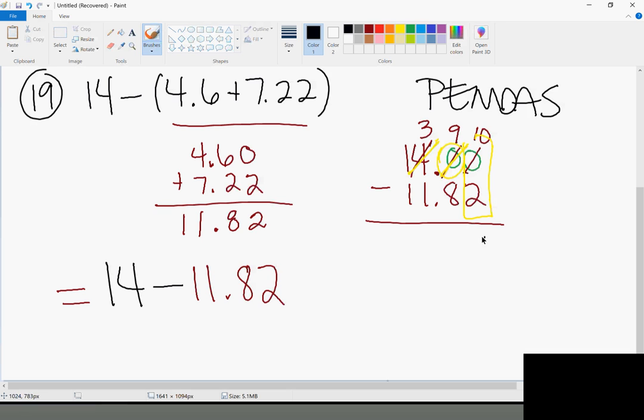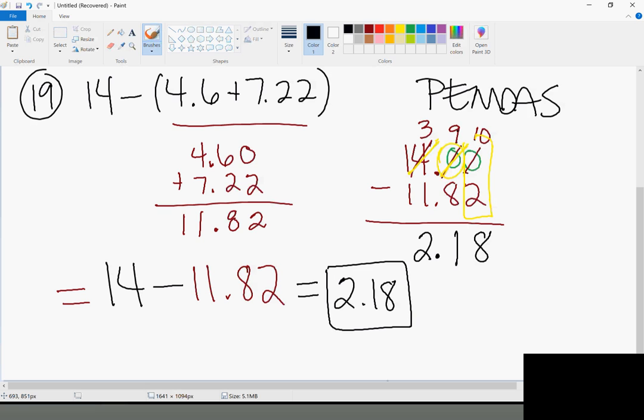So 10 minus 2 is 8. 9 minus 8 is 1. Bring down the decimal. 3 minus 1 is 2. And then 1 minus 1 is just 0. So your answer is 2.18.